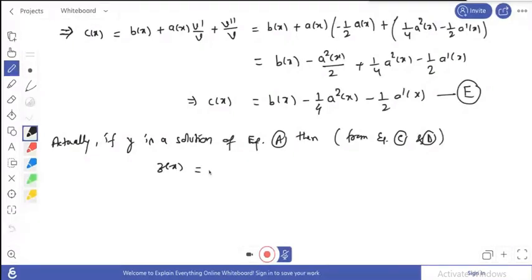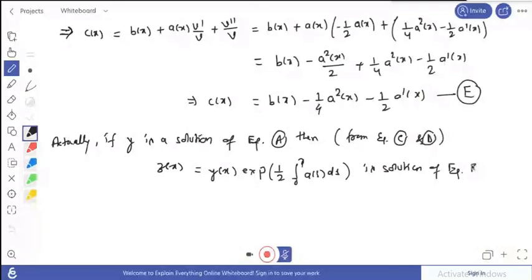So zx equals yx exponential of half integral 0 to x of as ds, because y equals zx into vx and vx equals exponential of minus sign, so here this becomes plus sign. This is your zx, and this is a solution of your equation B, where equation B is y double prime plus cx y equals 0. This is from B1.